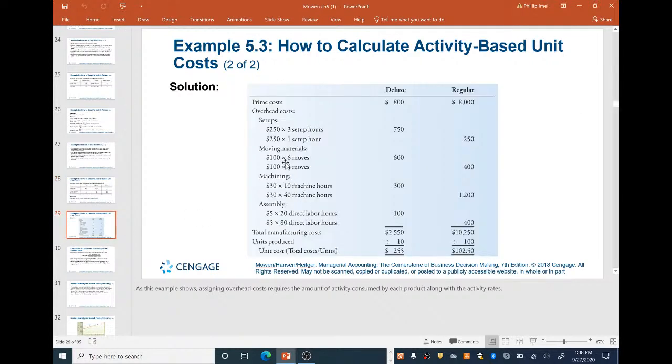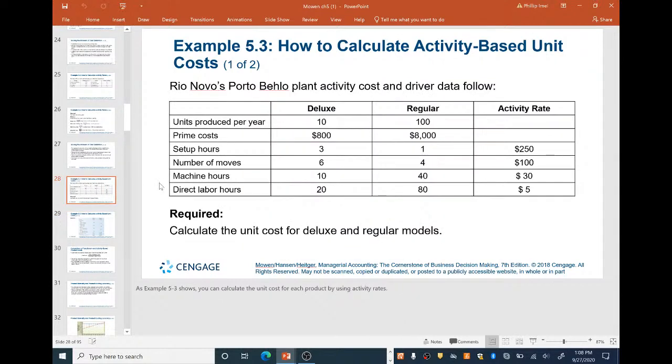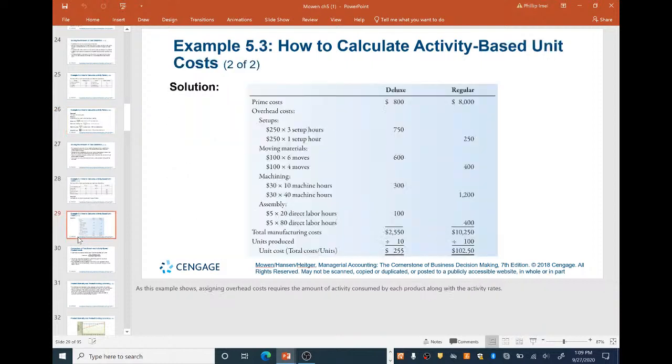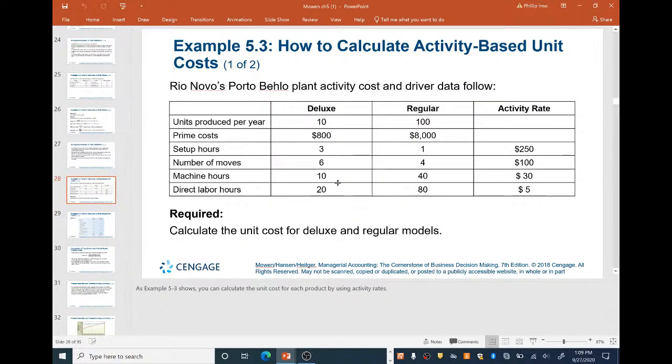So the activity driver is the number of moves: deluxe is 6, regular is 4. Then the same thing for machining. Take the activity rate that we found right here. There's your activity driver. Pull this from the chart, your 10 and your 40.